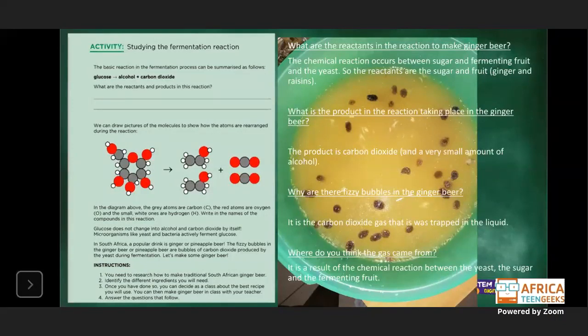So again, just note that the fermenting fruit, guys, can either be our raisins or pineapple, right? And that is used because yeast needs to break down sugar in order to form alcohol and carbon dioxide. Okay.